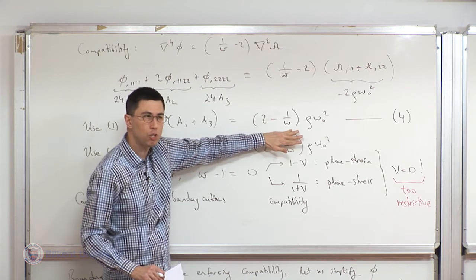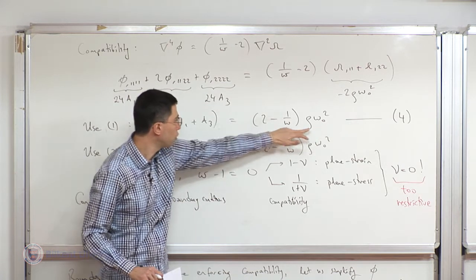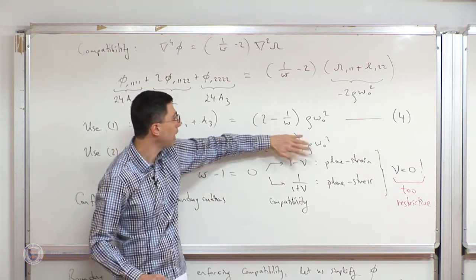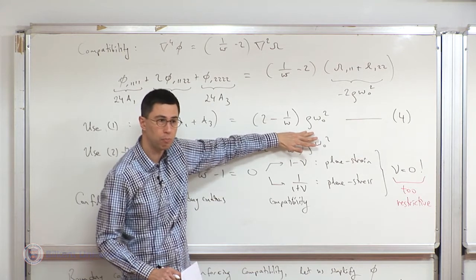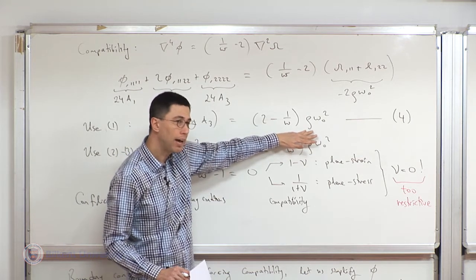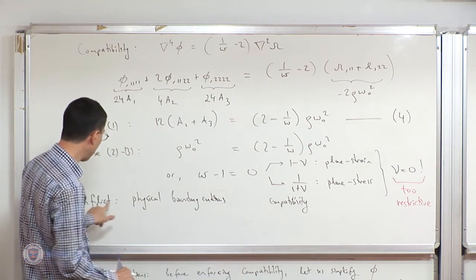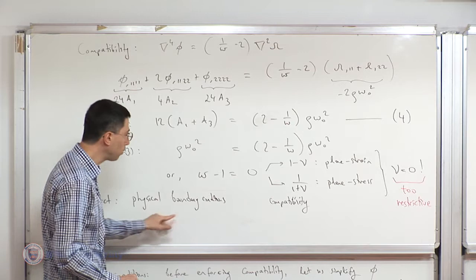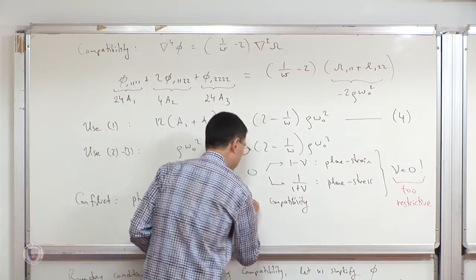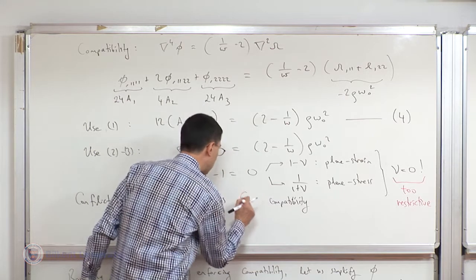A1 and A3 can be chosen such that they satisfy compatibility for any choice of omega or for any choice of Poisson ratio. But then I have to sacrifice perhaps the boundary conditions. So it turns out that I have a conflict where boundary conditions go against compatibility.